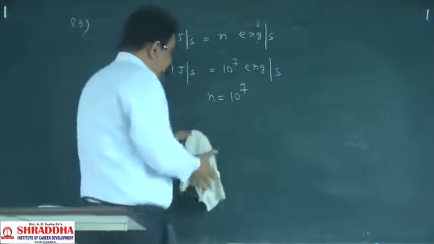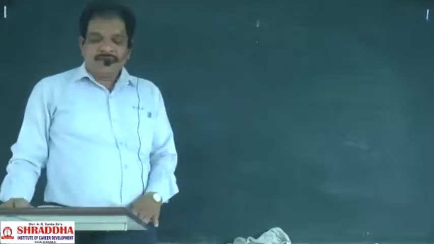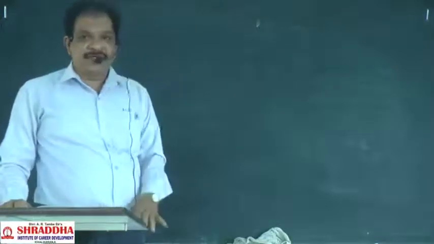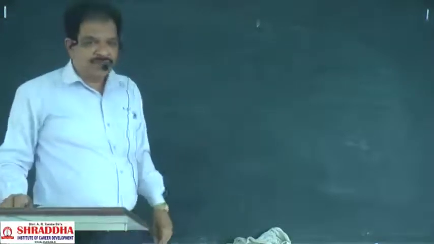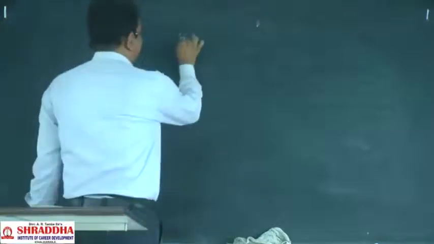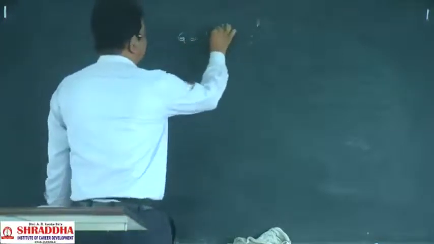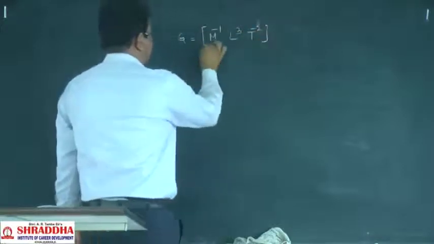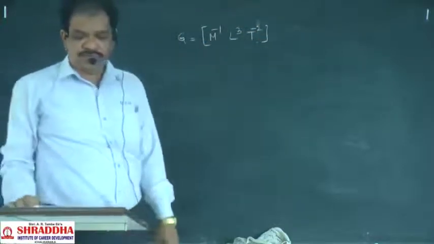Next, 84. Dimensions of universal gravitational constant is. Universal gravitational constant dimensions already you know. M power minus 1 L cube T power minus 2.